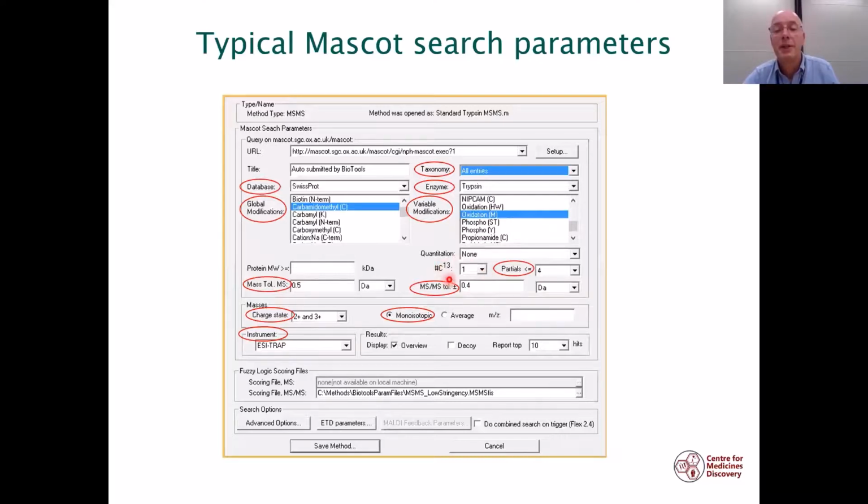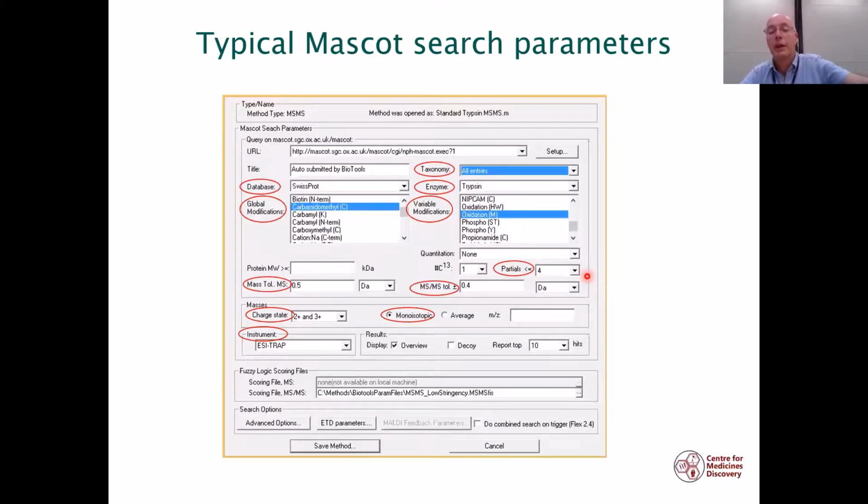We can specify any number of heavy carbon isotopes. Here we're specifying that we can accept 1 carbon-13, and these are the number of missed cleavages. In this case, we're selecting up to 4 missed cleavages. You can select more than that.